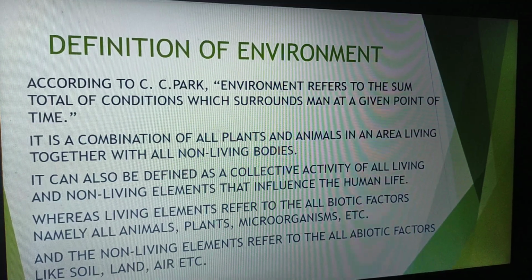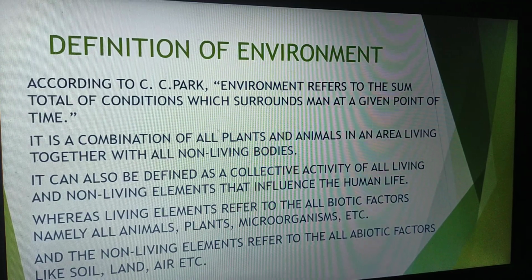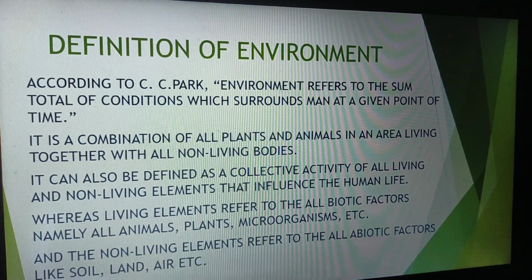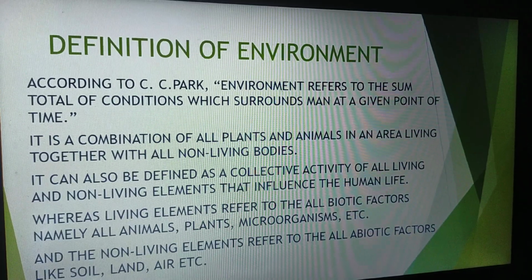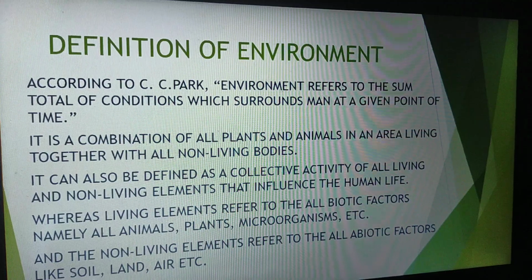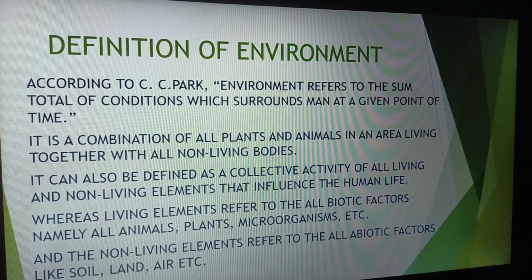It can also be defined as a collective activity of all living and non-living elements that influence the human life. So all these factors, these living beings and non-living beings, they are influencing the human life directly.